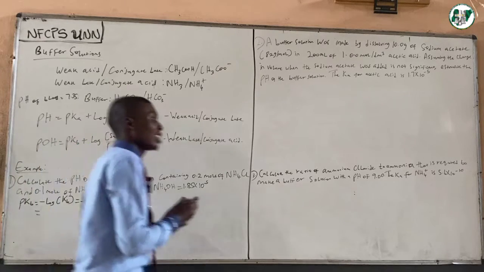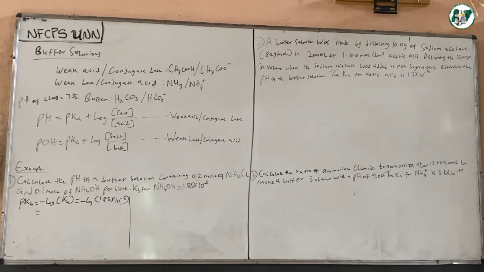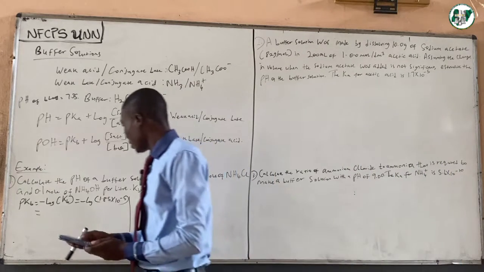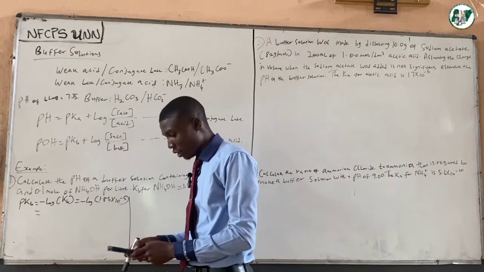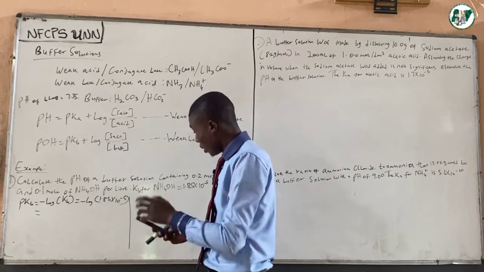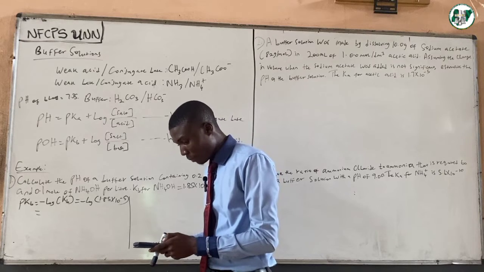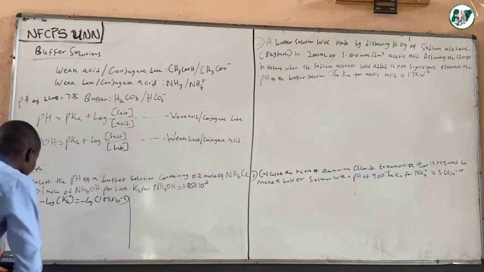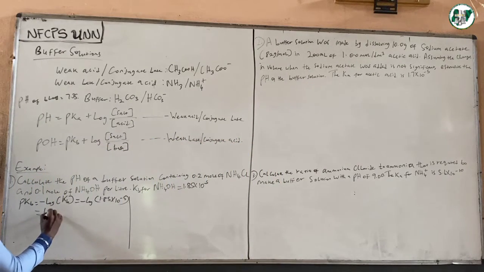If we press that in our calculator, we're going to have this right away. That's minus log 1.85 times 10 raised to the power of minus 5, and that gives us a value of 4.73. So this is our pKb.